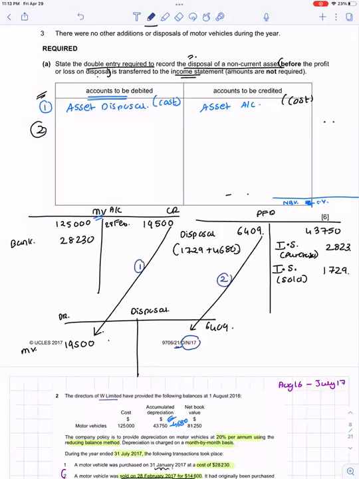Asset provision for depreciation is debited. And which account is credited? Disposal account is credited. Okay.